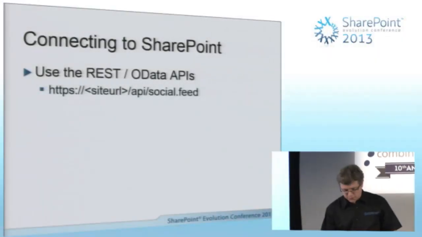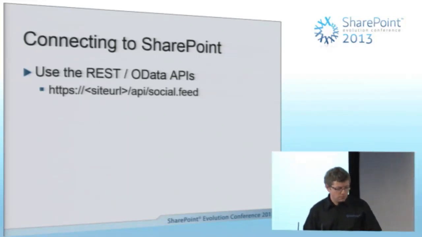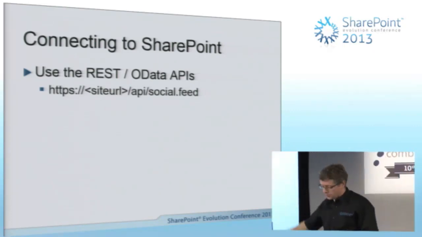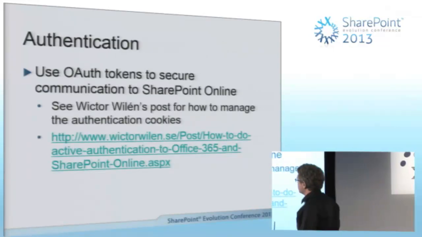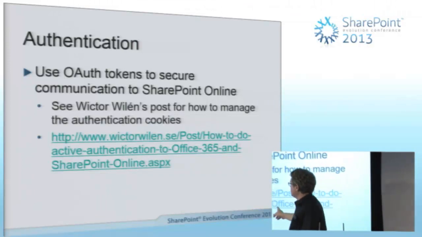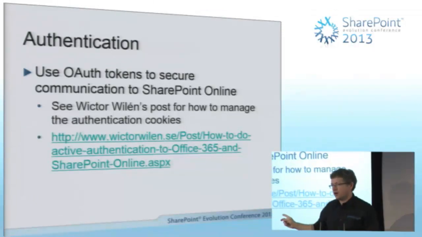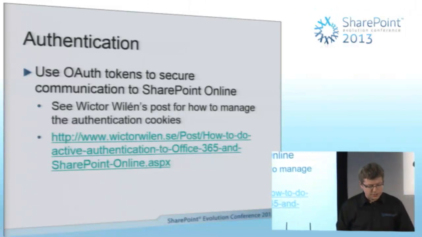So I've done those demos. I was using the social feed API, so like all the other major features in SharePoint, there's an OData feed and there's a typo in that. There's underscore API. And authentication, it's really important. Victor Villan has a very good post on how to connect to Office 365 from other applications that are not SharePoint applications.